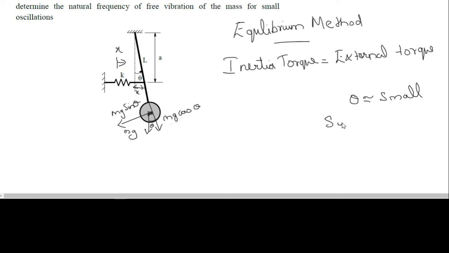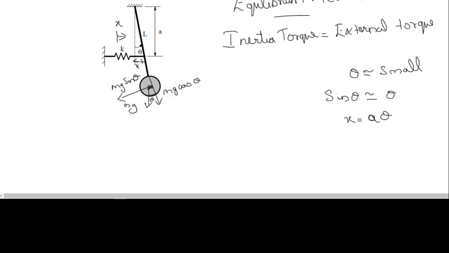First, sin theta will be approximately equal to theta, and we can take the x displacement as a times theta, which is the arc length. So these two approximations can be made.